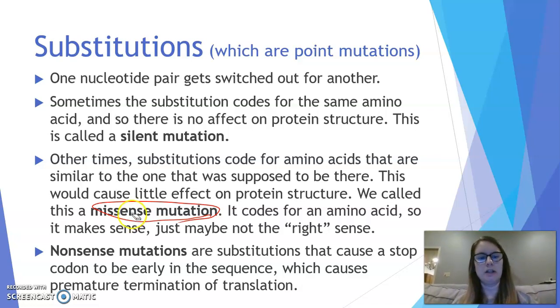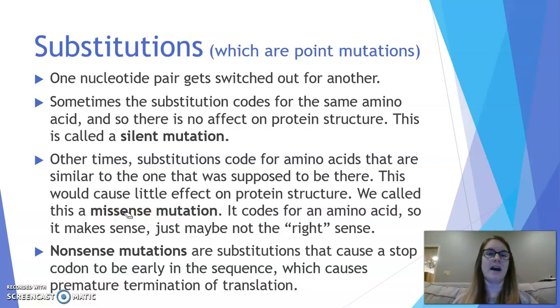And then the last one is a nonsense mutation, and that would be kind of like what happens with sickle cell anemia. Or, well, I guess not really. I guess sickle cell anemia would be more of a missense mutation. A nonsense mutation is when you end up having a codon that would normally have coded for an amino acid, and it's now a stop codon.